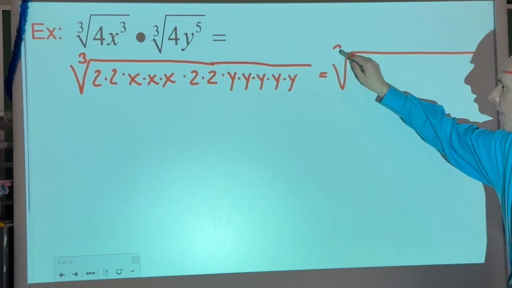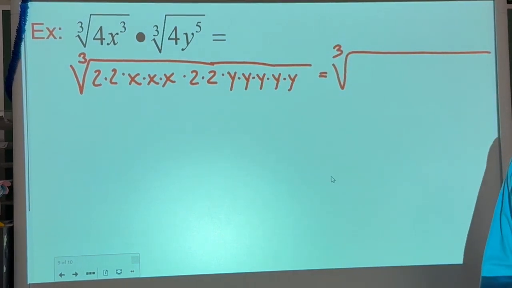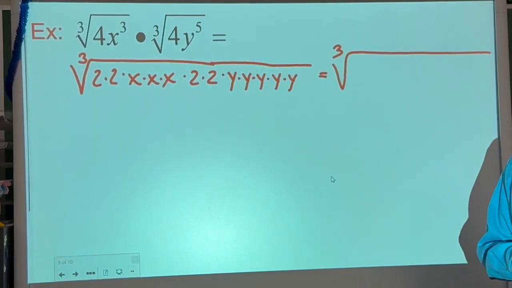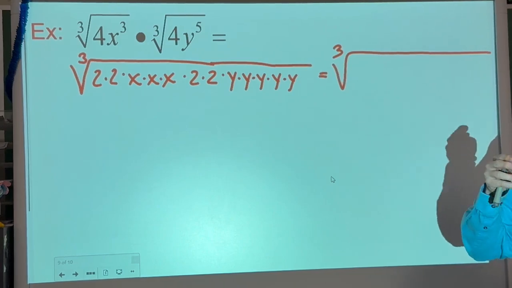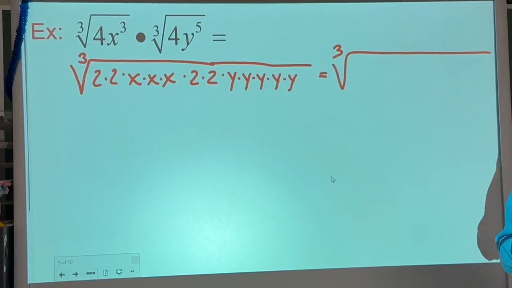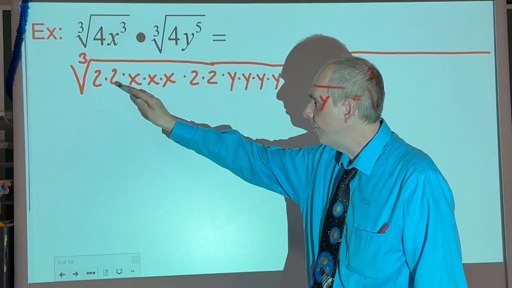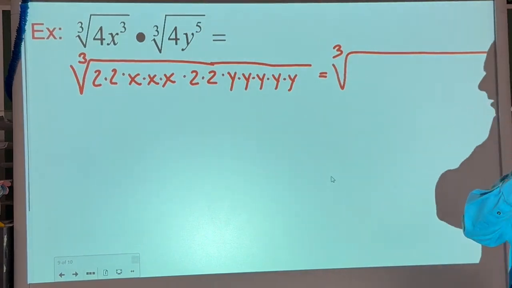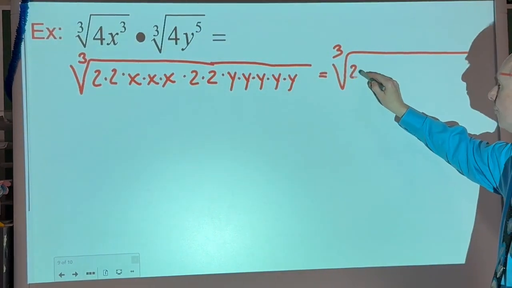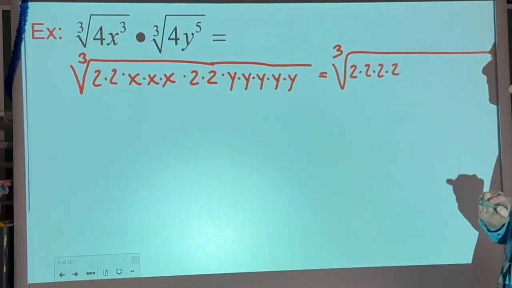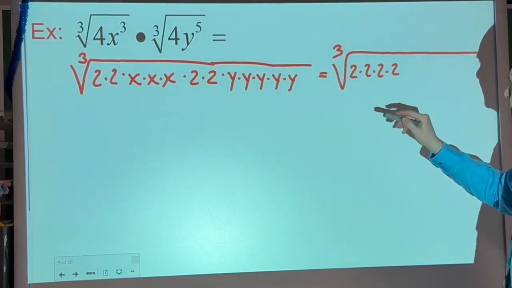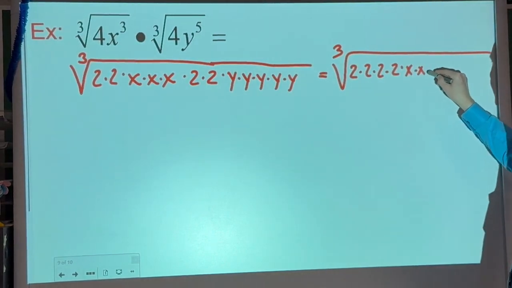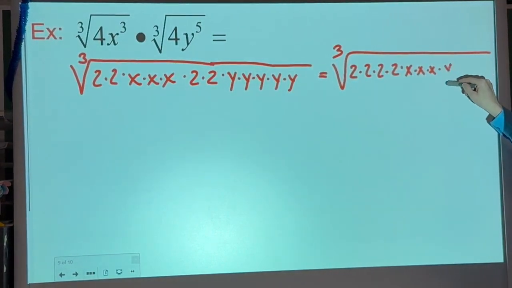If I put my numbers together, then my x's, then my y's, I can see what will be a perfect cube. So we have 2 2's here, 2 2's here, got our ballerina outfits on, we got our tutus on. We have 3 x's, and we have 5 y's.